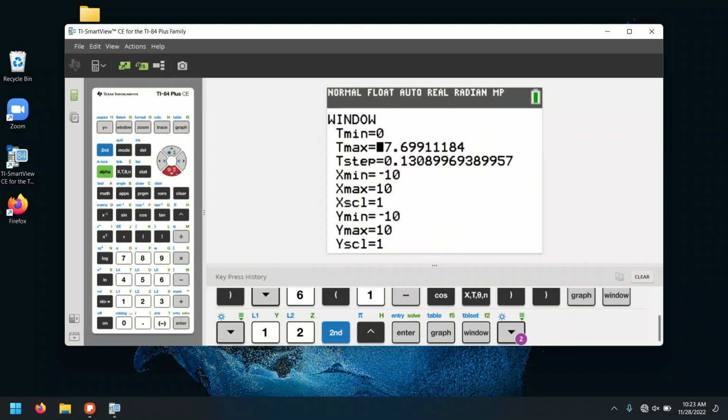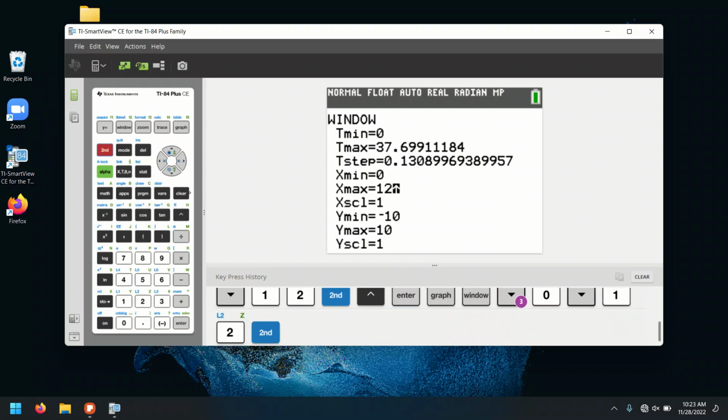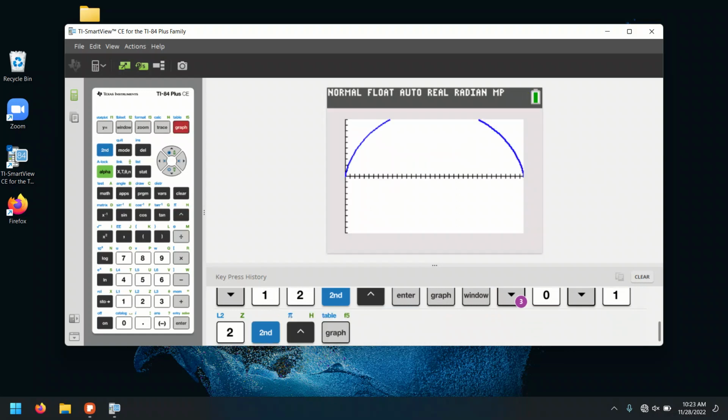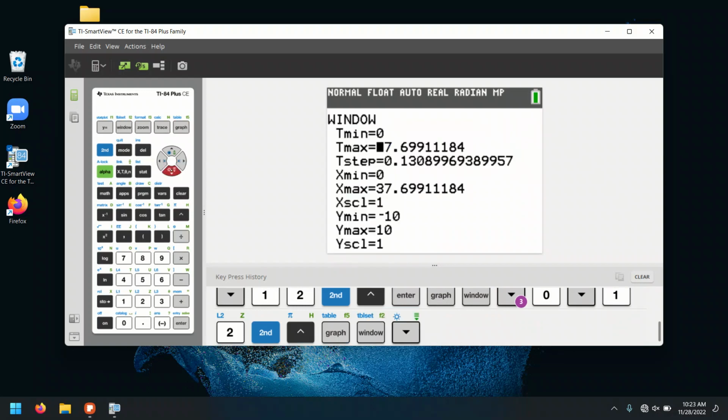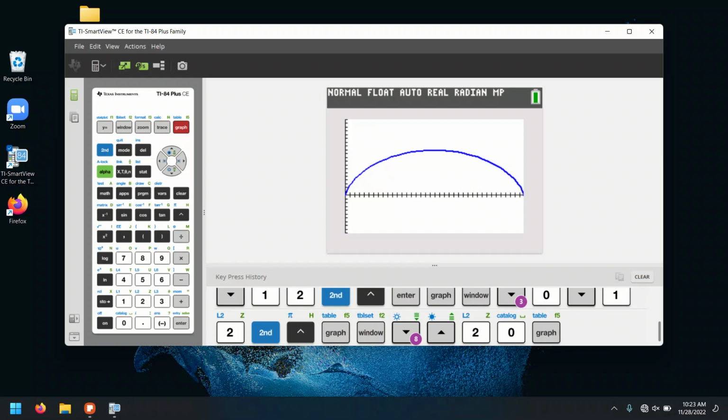Oh, I think it's the x, the one I need. 0 and 12 pi. Yeah, we're going to see the whole thing, one cycle of it. And in the y direction, how about, I'm going to do 20. Yes, we get to see the whole thing, all right? One cycle. So we're finding the area under this curve.